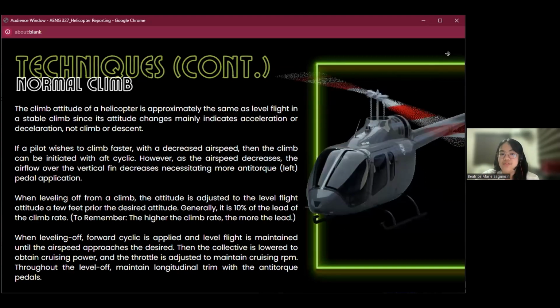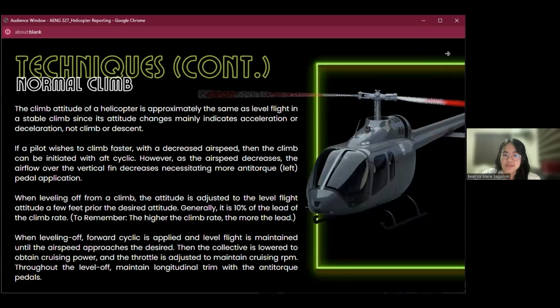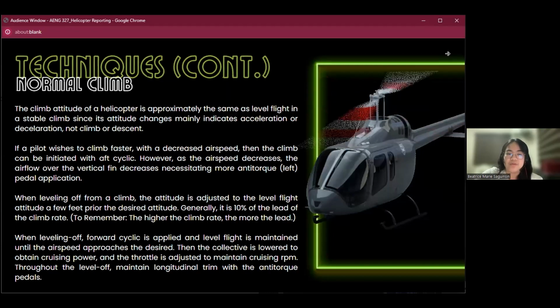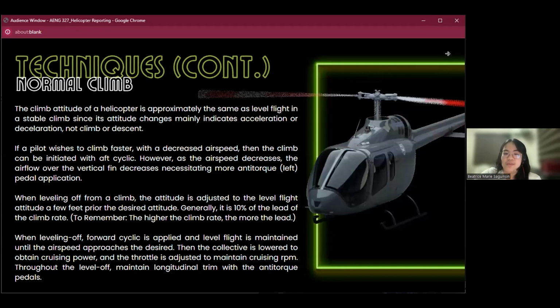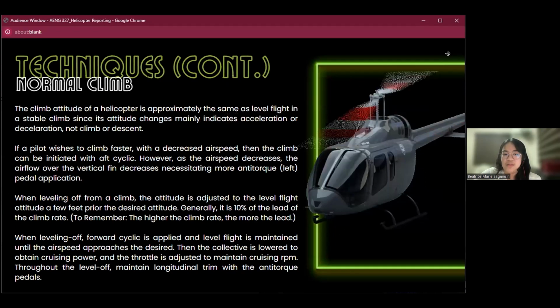When leveling off, forward cyclic is applied and level flight is maintained until the airspeed approaches the desired speed. Then the collective is lowered to obtain cruising power and the throttle is adjusted to maintain cruising RPM. Throughout the level off, the longitudinal trim is maintained through the use of the anti-torque pedals.